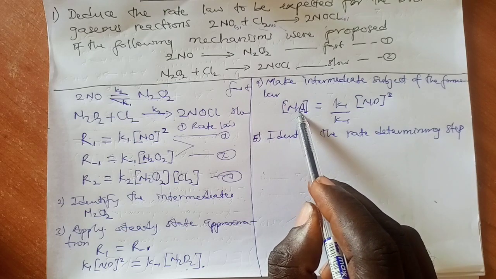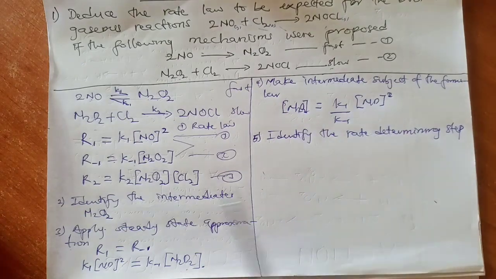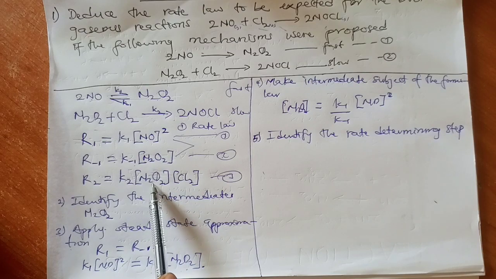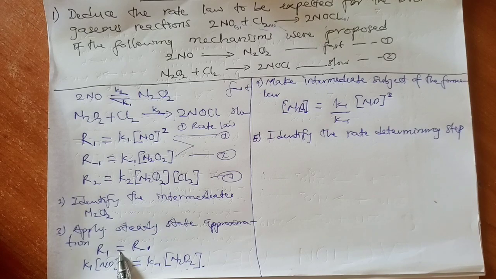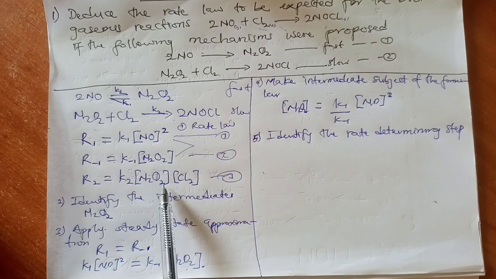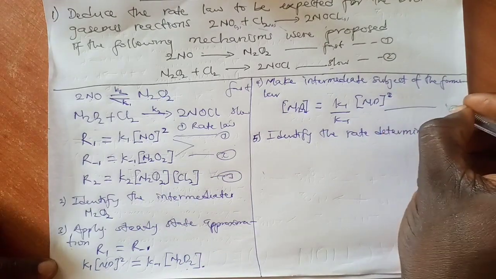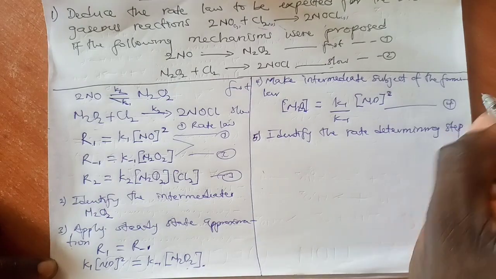Look at this intermediate that you made the subject of the formula. Where can you find it? You can find it here. For the sake of substitution, you will make use of R1 and R minus 1 by equating them together. This is the only one you have not made use of. Let's call this equation 4.